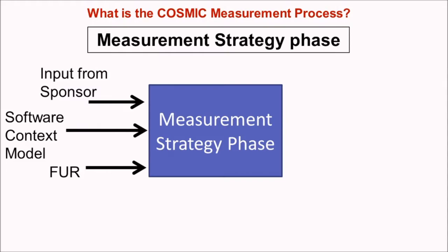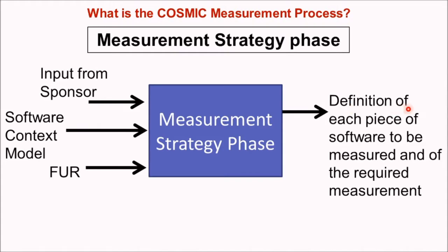After this phase, we should have been able to define each piece of software to be measured and the required measurement to be done. So the output of this phase is the defined requirements which are to be measured according to the COSMIC methodology. And these will be provided as an input to the mapping phase.